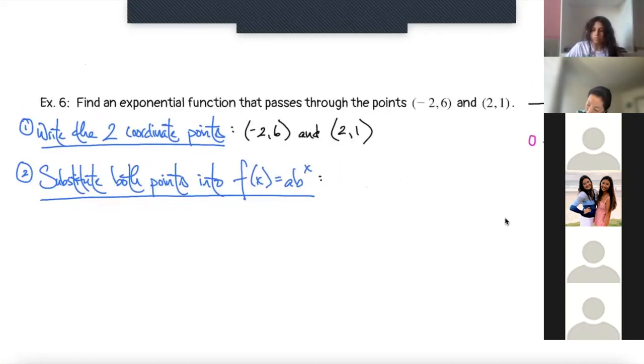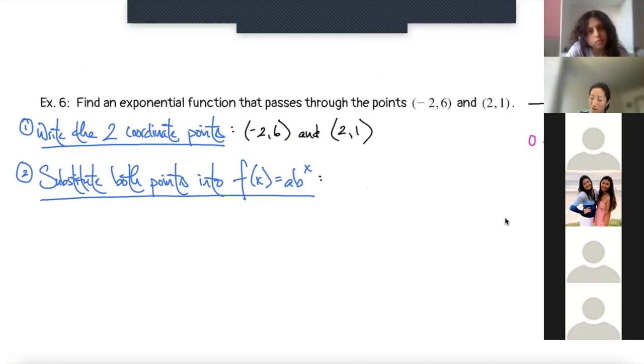For the first one, what would I put in place of f of x? I'm looking at the coordinate -2, 6. What do I put in for f of x? -2 and 2, both of the x's.